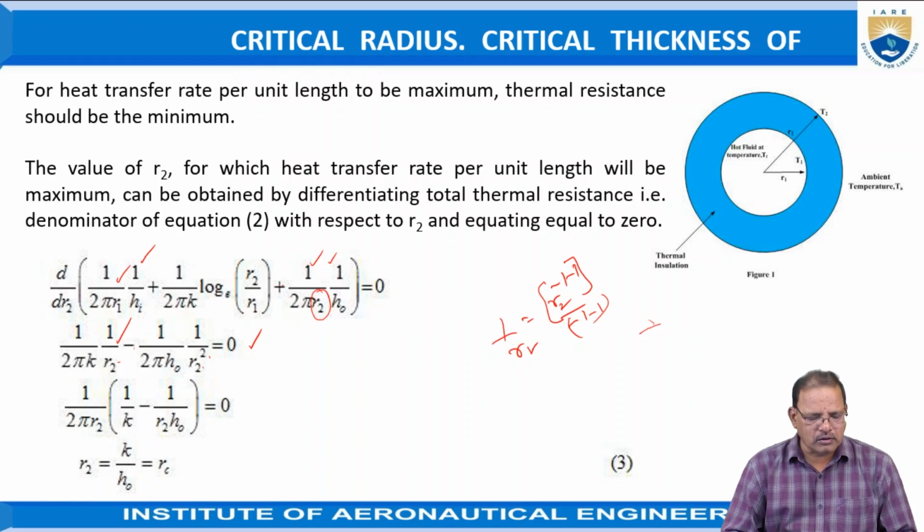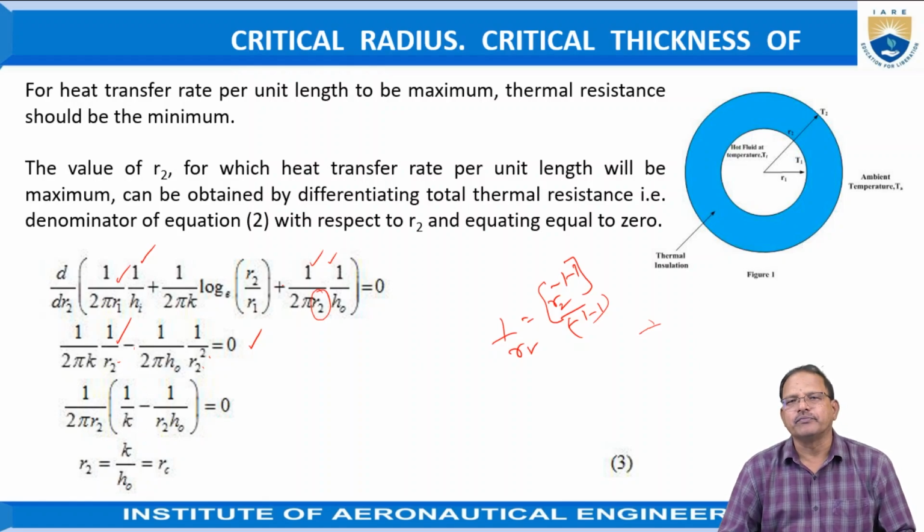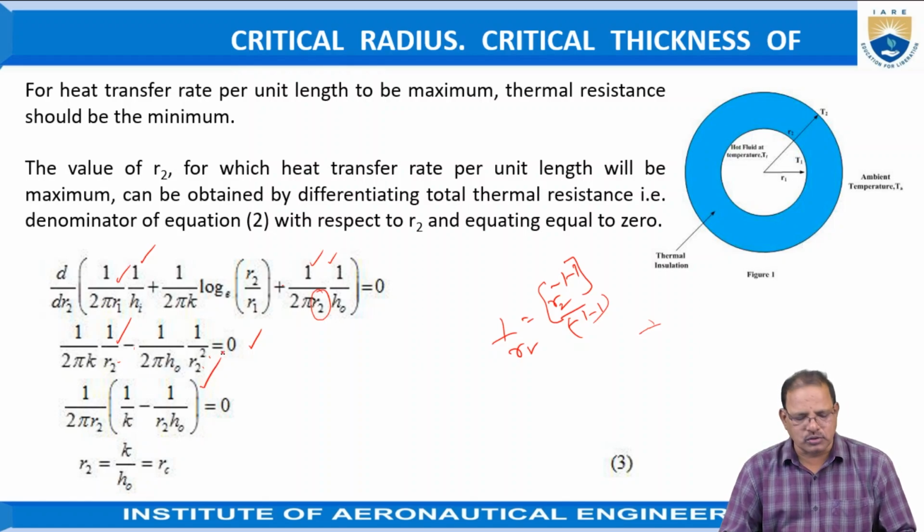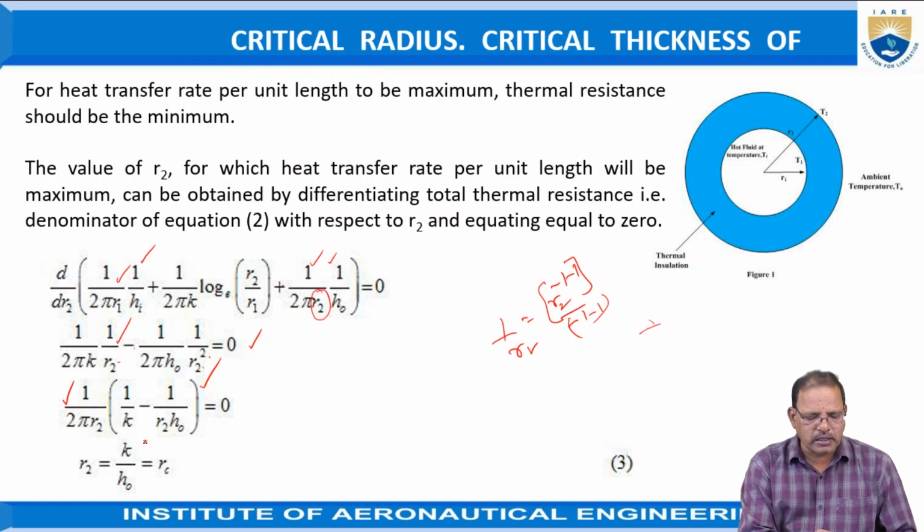Since 1 by 2 pi R2 is a constant factor, after taking it out we get 1 by k minus 1 by R2 h0 equal to 0. For this equation to become 0, either the first factor, 1 by 2 pi into R2, is equal to 0, or 1 by k minus 1 by R2 h0 is equal to 0.